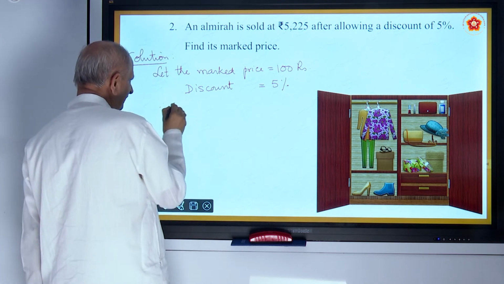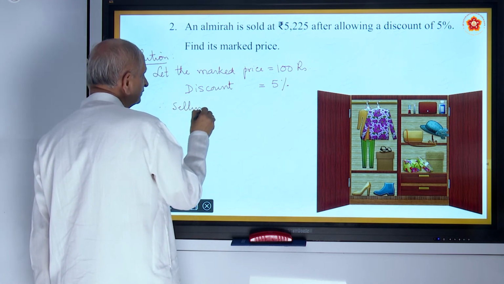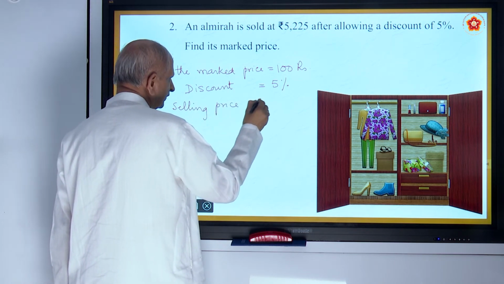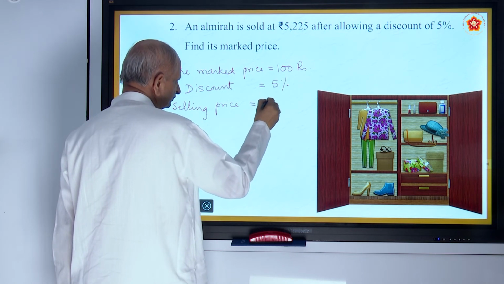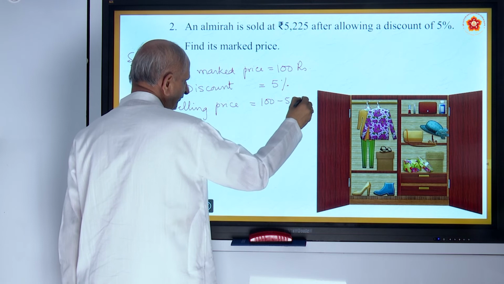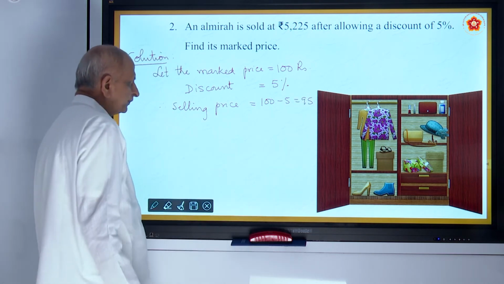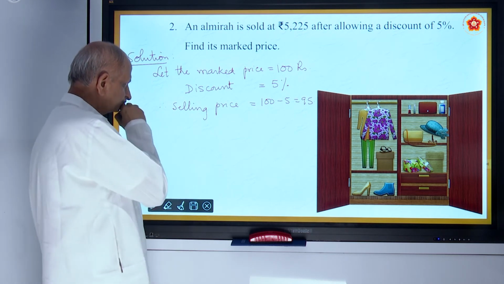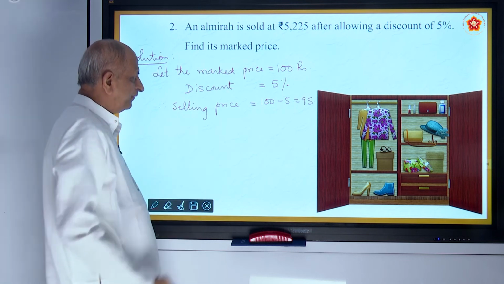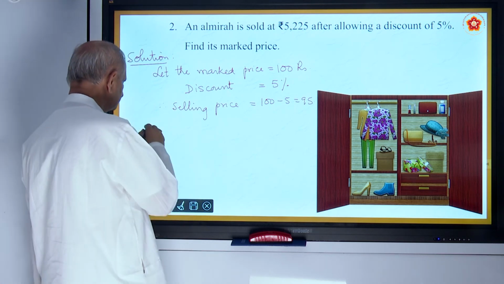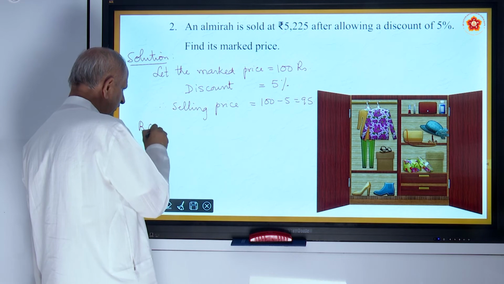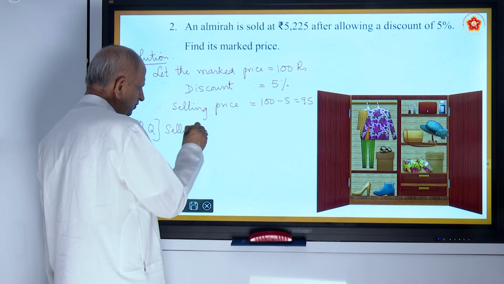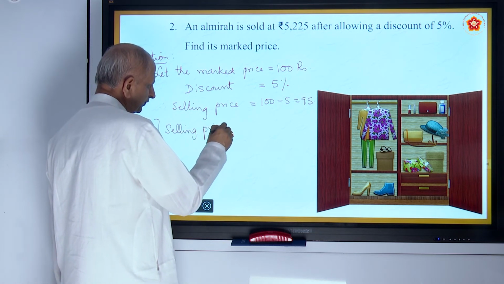And therefore the selling price will be 100 minus 5, becomes 95. But by question, the almirah is sold for 5225. So by question, selling price of what is that?